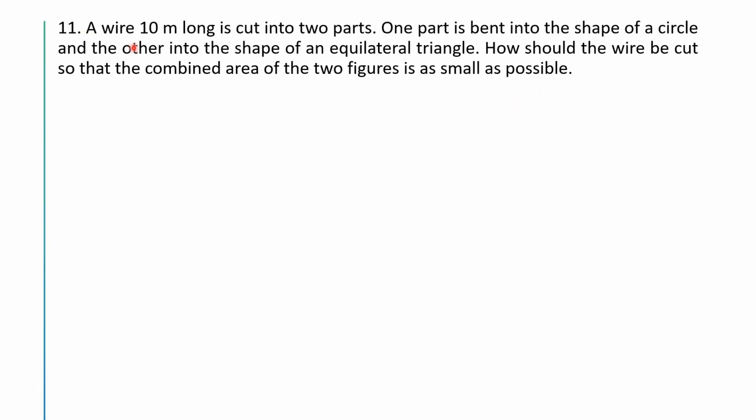So here it is given a wire which is 10 meter long is cut into two different parts, of which one part is bent into the shape of a circle and the other part is bent into the form of an equilateral triangle. So we have to find the length in which the wire should be cut to form a circle and an equilateral triangle so that the combined area of the two figures is as small as possible.